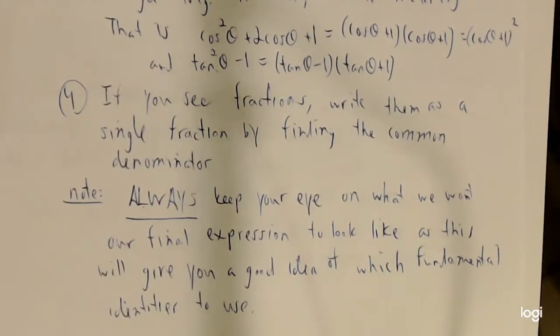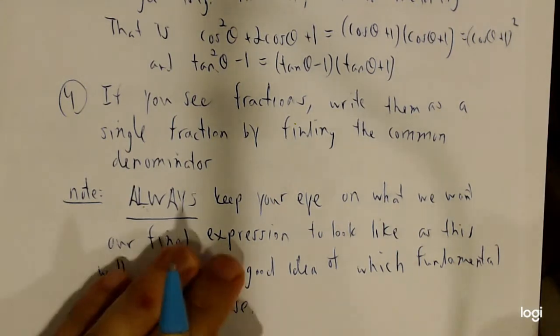Okay, so you'll see as we start doing our examples, which I will do my first example now, I'll always refer to, hey, what's our target? What are we trying to get to? Okay, so let's look at some examples and then that'll wrap up this section.